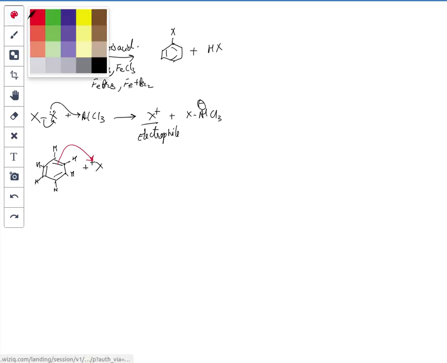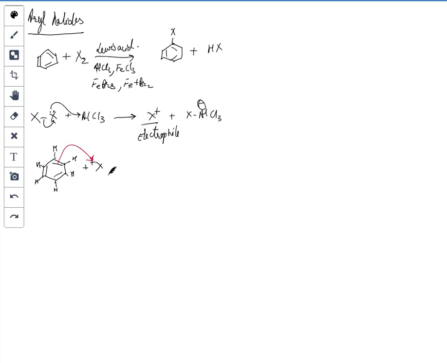It breaks. Now here it is H, here it becomes X, here we have the positive charge, and we have the hydrogens also here. Here we have the bond, here we have the bond.